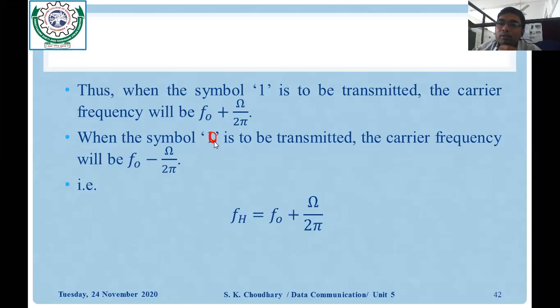So FH is f0 plus omega upon 2 pi, and FL is f0 minus omega upon 2 pi. Depending upon the symbol we are transmitting, the frequency changes. For binary 1, the frequency is increased. For binary 0, the frequency is decreased by the amount of omega upon 2 pi. This is the way we are generating it here. In the opposite way also you can generate the BFSK signal, as we learned in the practical.